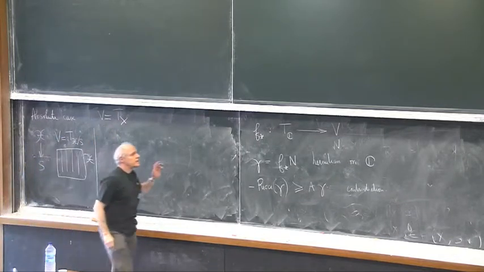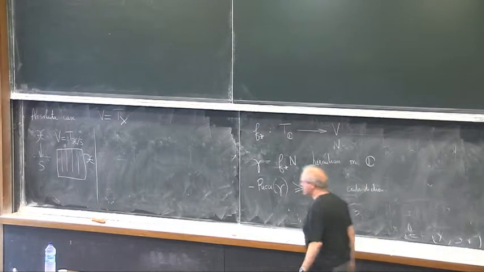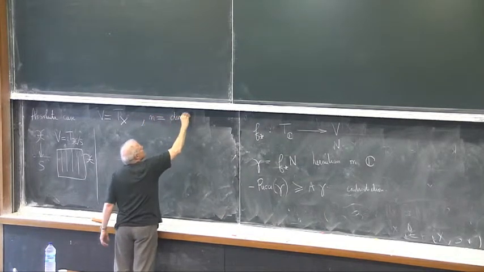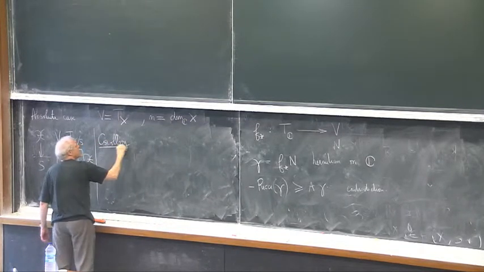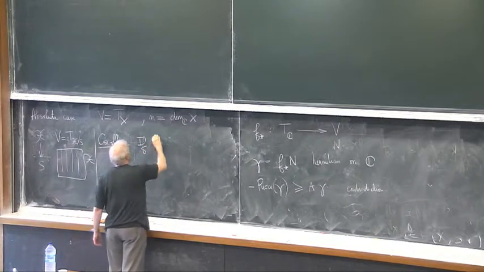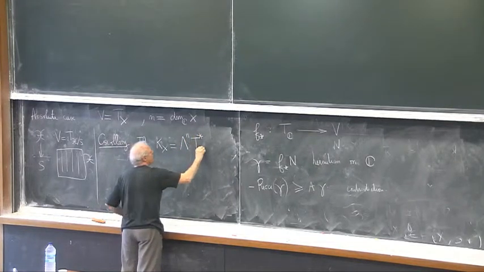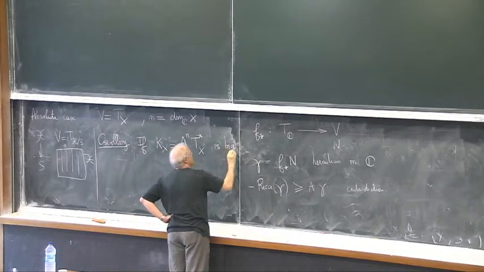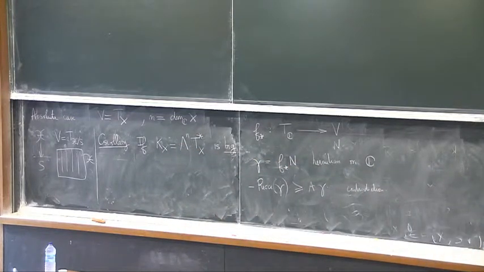Okay, so in the absolute case, now I'm taking also p equal to the dimension. So you get as a corollary that if the canonical bundle, which is a line bundle, is big, so it means that it has a lot of sections even after you twist by something ample, negative.